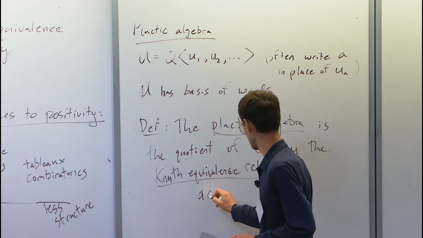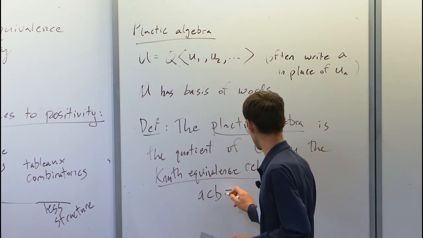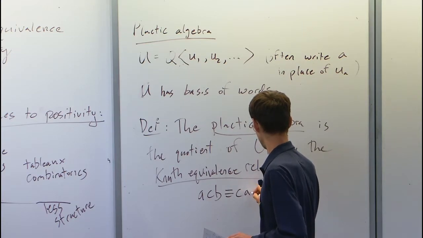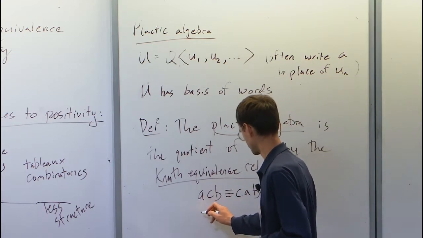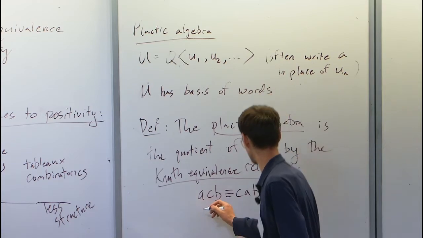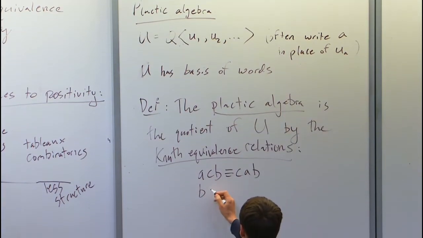So for letters A, B, and C, they're the following. Let's say we'll break them into four different relations.